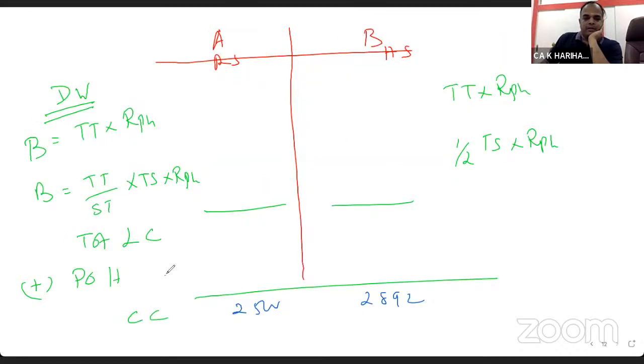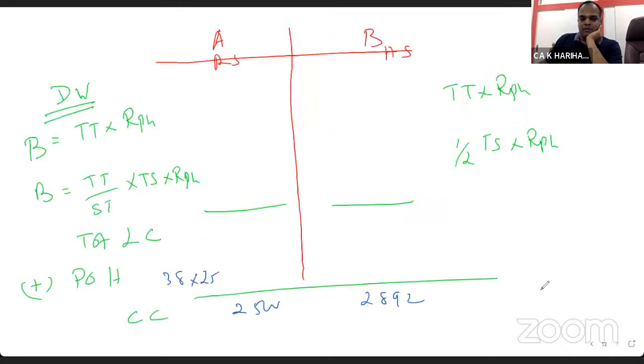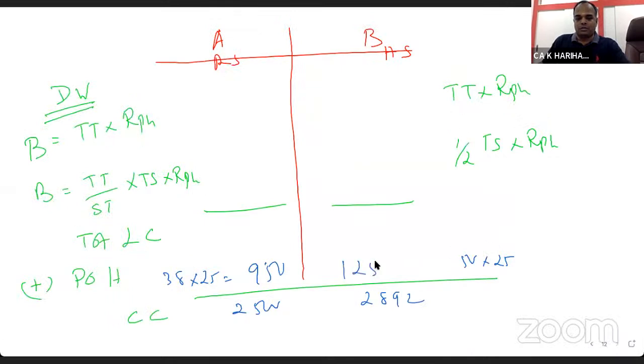So 38 into 25 and 50 into 25. 38 into 25 comes to 950 rupees, which is the overhead. Similarly, 50 into 25 is 1,250.